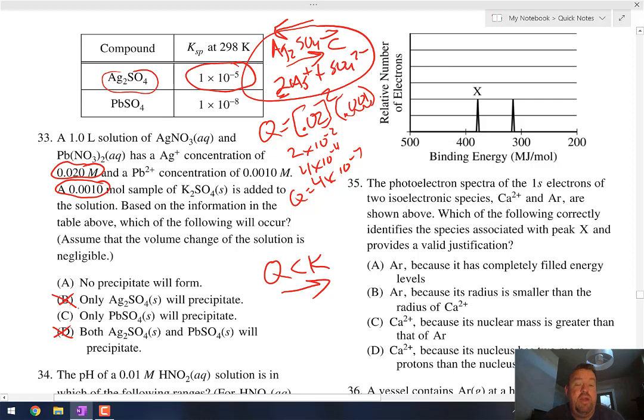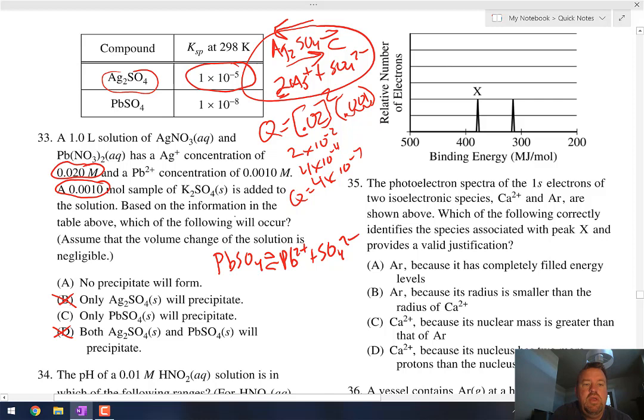So now it's just a matter of will the lead sulfate precipitate or not. So with lead, we've got, again, PbSO4 in equilibrium with Pb2+ and SO4 2-.